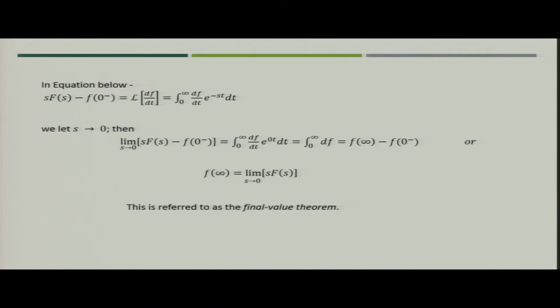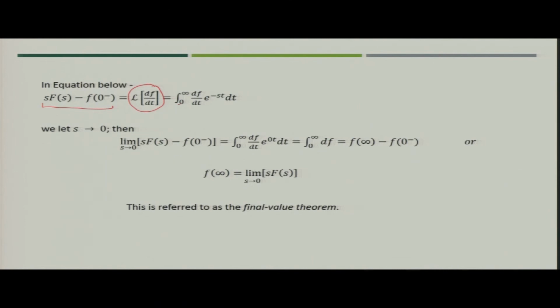Now, in the case of the final value theorem, let us take the same property of the Laplace transform for df by dt. So, Laplace of df by dt is nothing but s F(s) minus f(0).